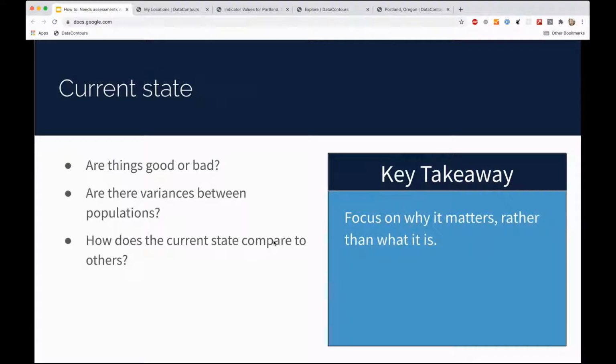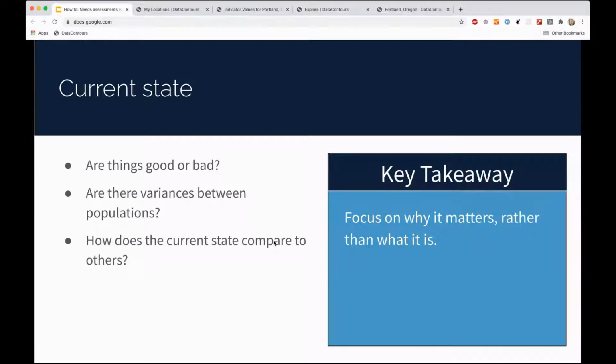So as we think about the current state in detail, you want to think about, are things good or bad? So if we're talking about where things are today, and then what are the variances between these populations today? How does the current state that we see, a particular indicator within our community, compare to others, like the national benchmark? And generally, as you're thinking about current state, talking about why it matters rather than what it is is a good rule of thumb.